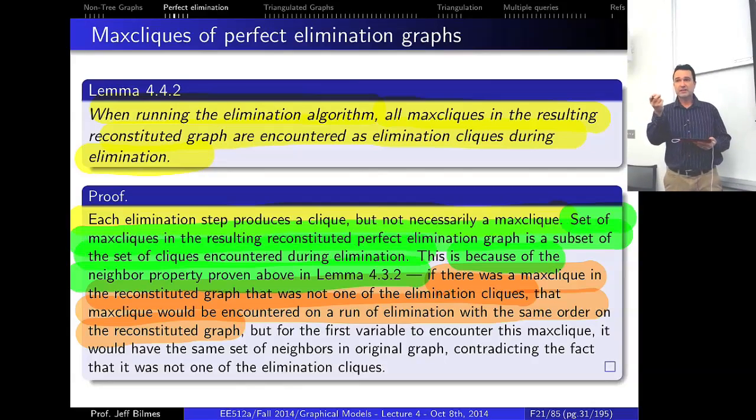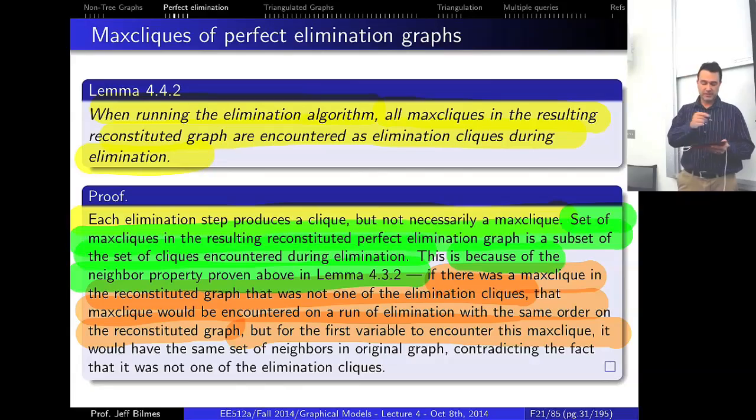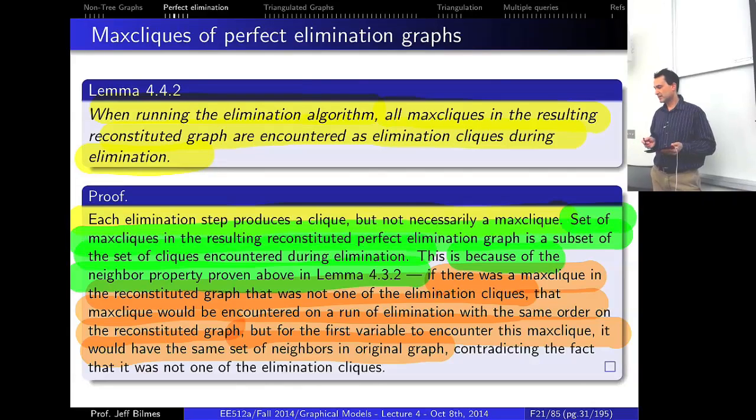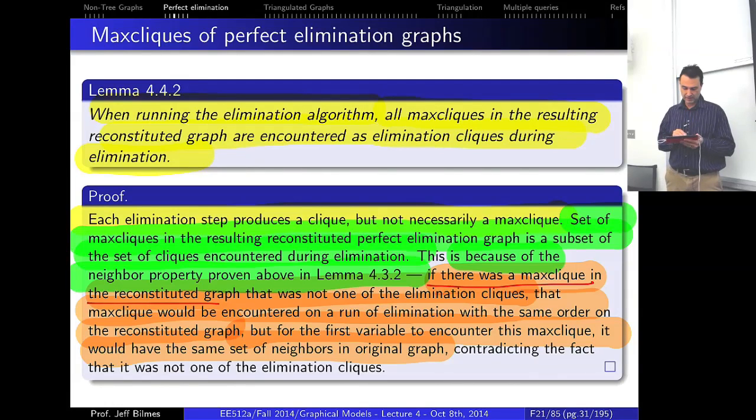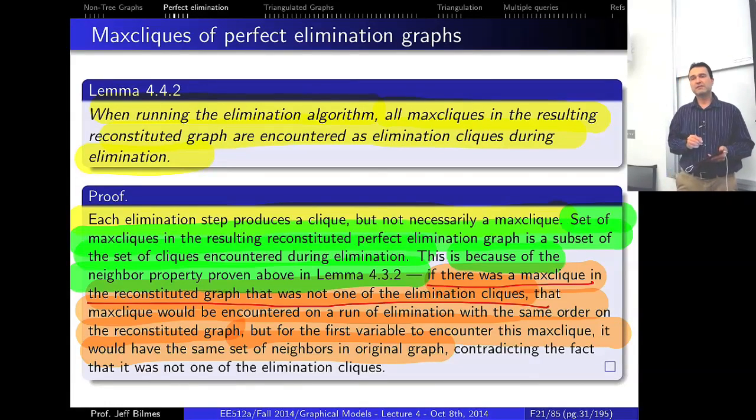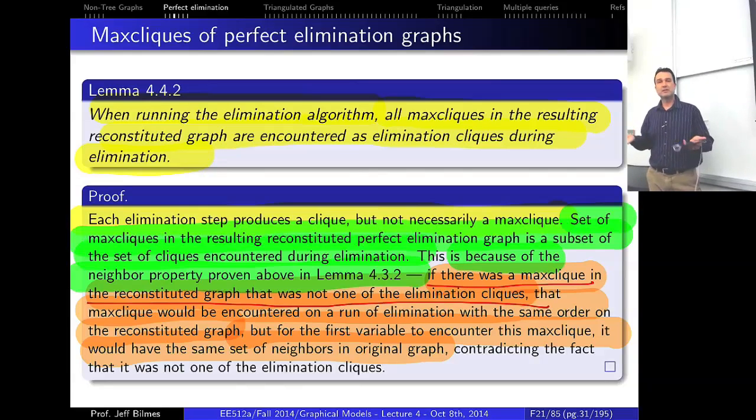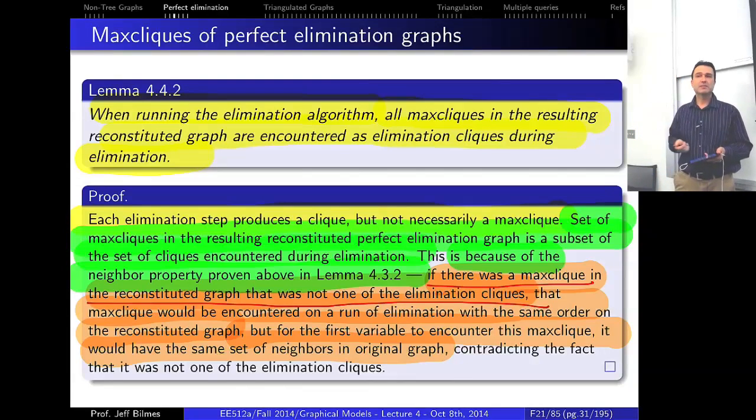And moreover, the first vertex in that clique that's seen is going to have all of the nodes of that max clique as neighbors. But because of theorem 4.3.2, it has to have the same set of neighbors that it encountered in the original graph, which would contradict the fact that a max clique in the reconstituted graph was not one of the elimination cliques. So therefore, it must be the case that all maximal cliques are encountered during the elimination process.